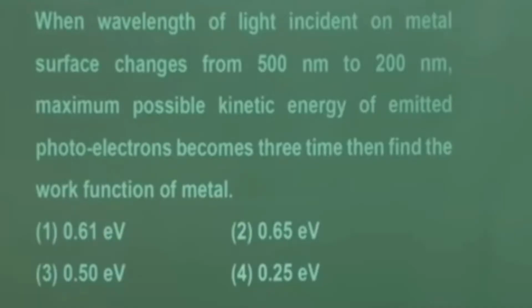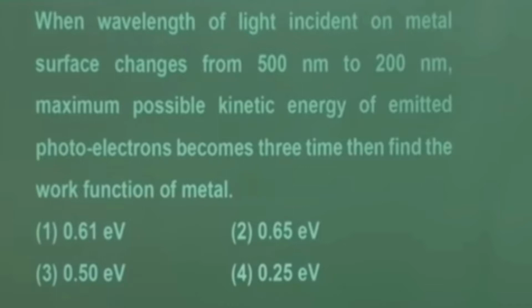Okay, now let us discuss another problem. When the wavelength of light incident on a metal surface changes from 500 nanometers to 200 nanometers, the maximum possible kinetic energy of emitted photoelectrons becomes 3 times. Then find the work function of the metal. So this problem is based on the photoelectric effect.